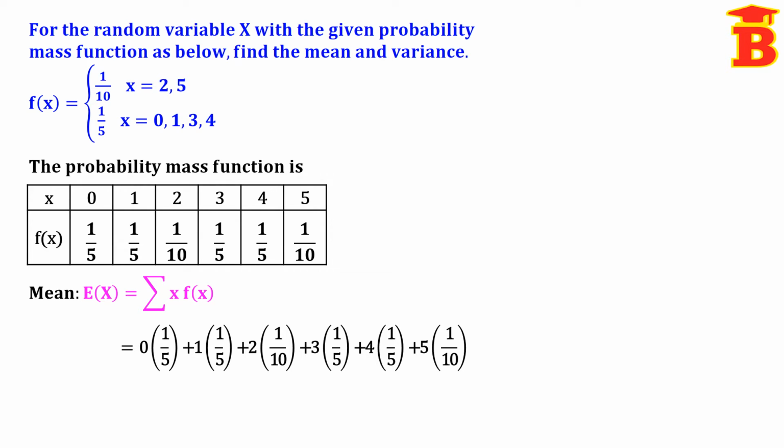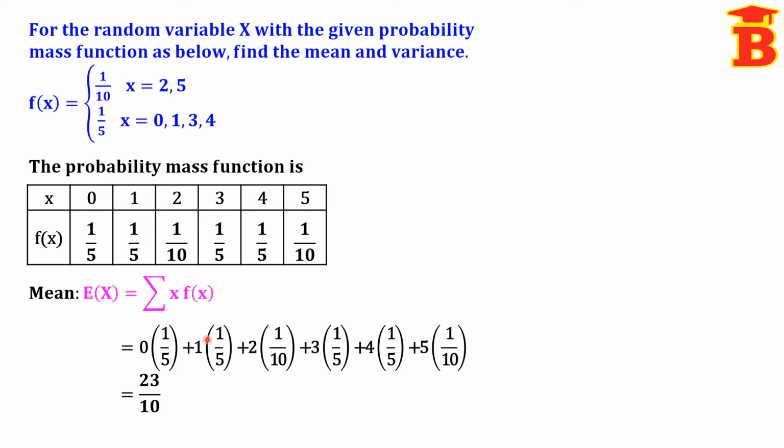Now taking 10 LCM, we get 23 divided by 10. Here the first term 0 into anything is 0. From all the remaining terms, taking 10 LCM, so if we have 5 in the denominator, then multiply 2 in the numerator.